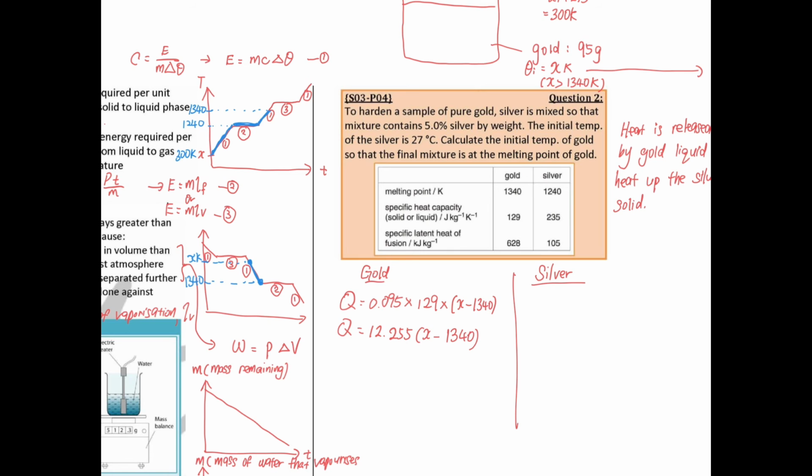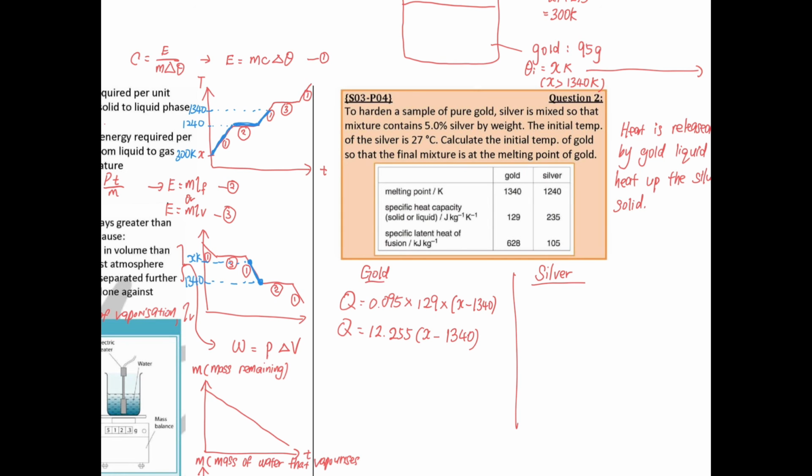Okay, now let's count the silver. Like what we have discussed just now, silver starts from 300 Kelvin and you heat it up to 1240, then melt, then the liquid heats to 1340. Okay, so we need to involve 3 processes here.